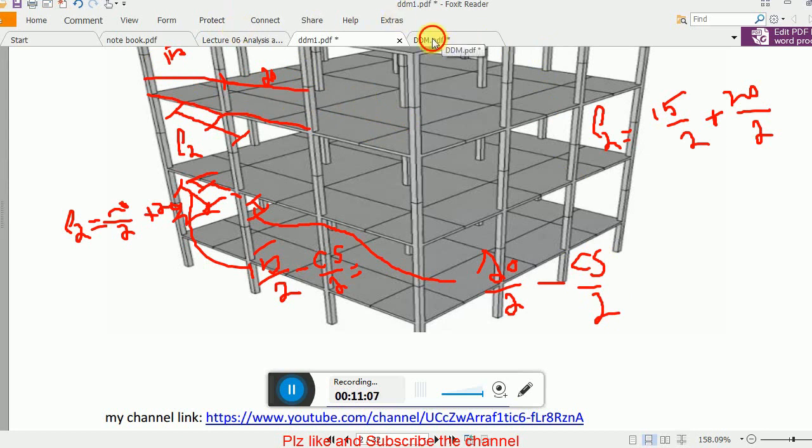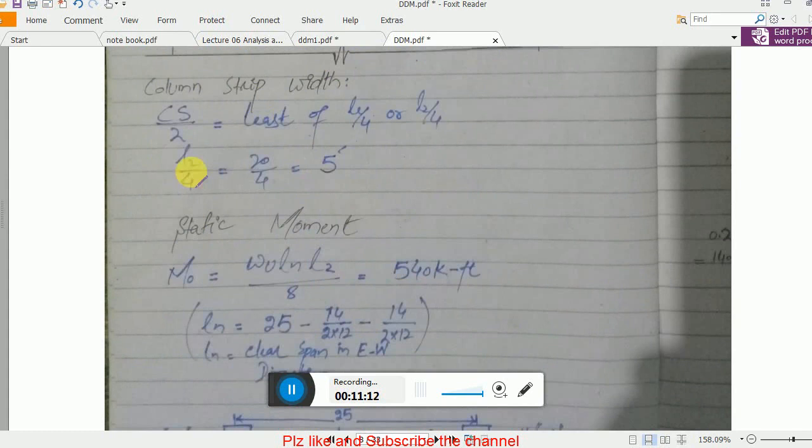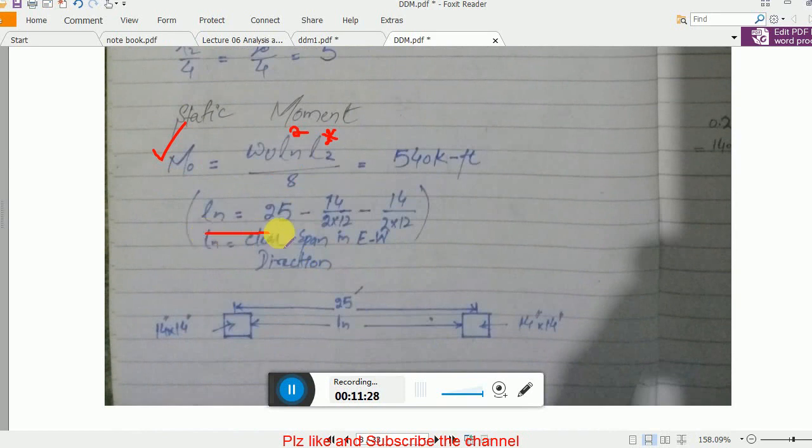Okay, you got your column strip width, middle strip width. Now you need to find out your M naught. This is ln square, so please confirm it. This ln is how much you see here.